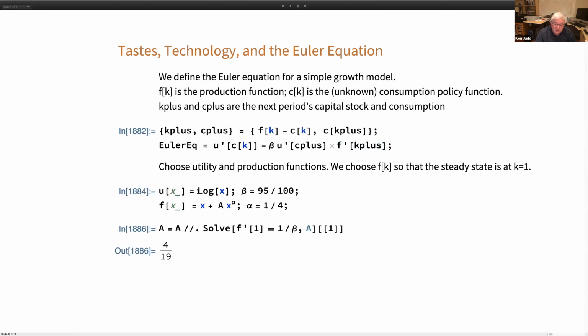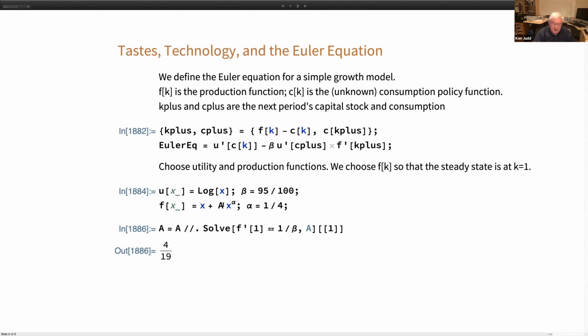So we're going to do a log utility function. This is going to be an annual model, so beta is going to be 0.95. The production function is like a 100% depreciation model. You start with some capital K. I write things in terms of a dummy variable X, so capital stock plus some constant A times X to some power alpha, which I've set to be 1/4.